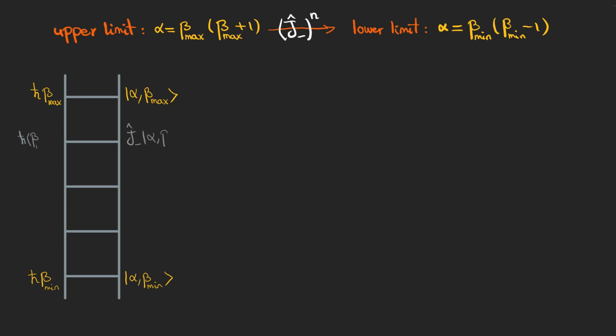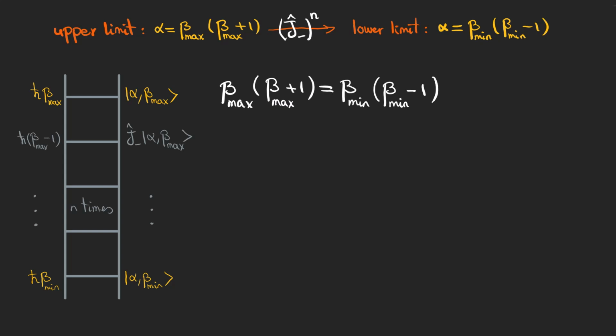If we apply J− on the upper limit, we find the eigenvalue of Jz to be ħ(β_max − 1). And if we do it n times, we can reach the lower limit. Earlier we realized that J− doesn't affect α, so α doesn't change, and β_max(β_max + 1) should be equal to β_min(β_min − 1).